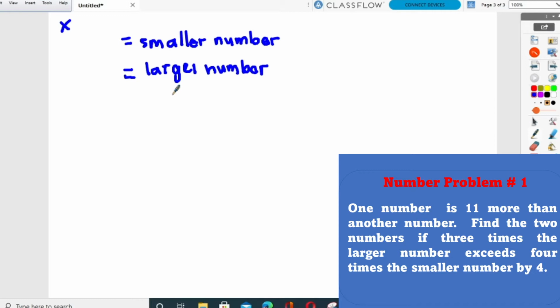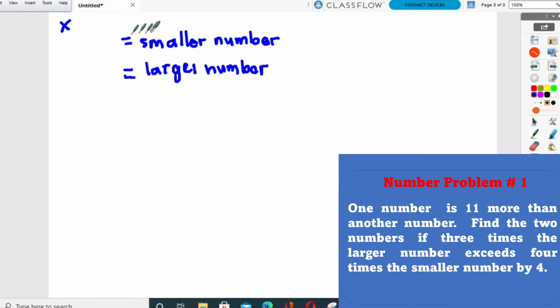Don't be confused with one number and another number. One number will be the smaller number and another number is the larger number. So it's just a matter of giving a name. Now, the next question is, where will you assign the variable x?